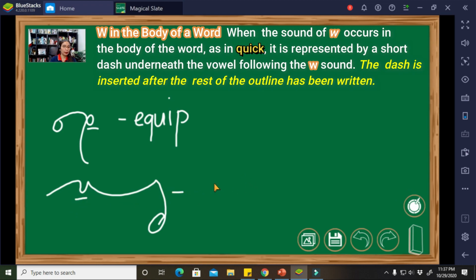So what is the word now? Very good. That is qualify. Qualify. See that? There is a W sound here. So that is a dash underneath the vowel.